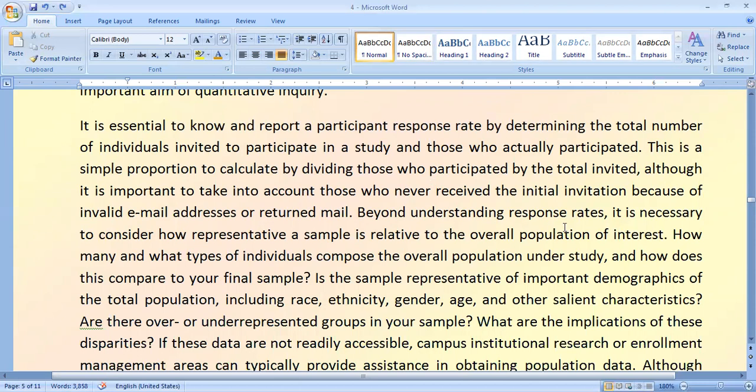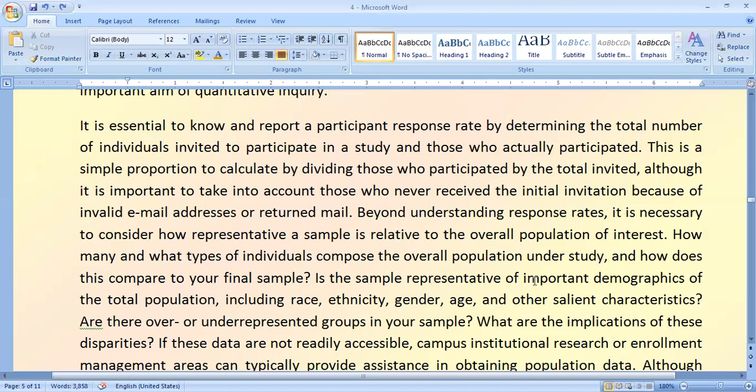Beyond understanding response rates, it is necessary to consider how representative a sample is relative to the overall population of interest. How many and what types of individuals compose the overall population under study, and how does this compare to your final sample?